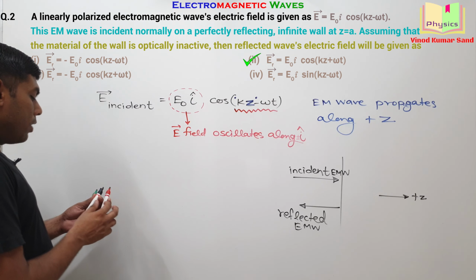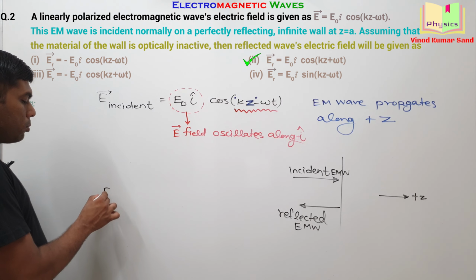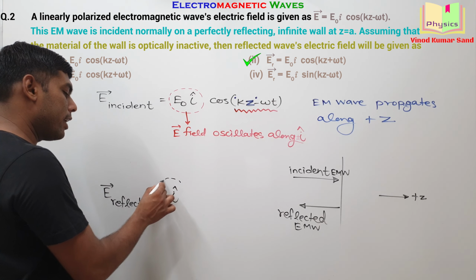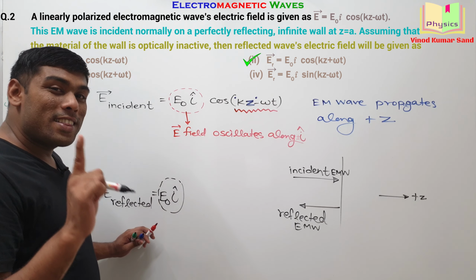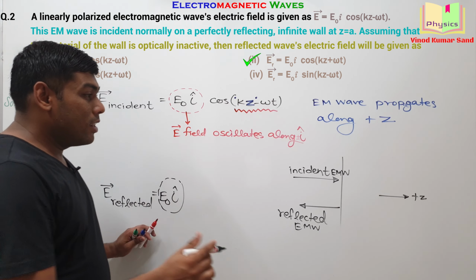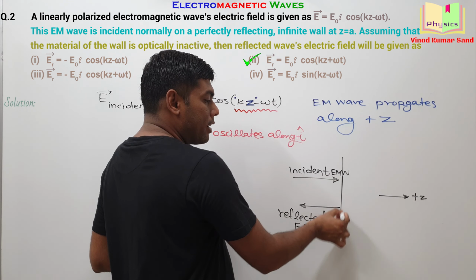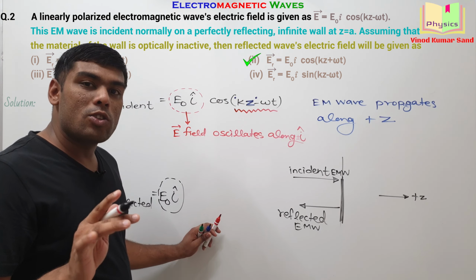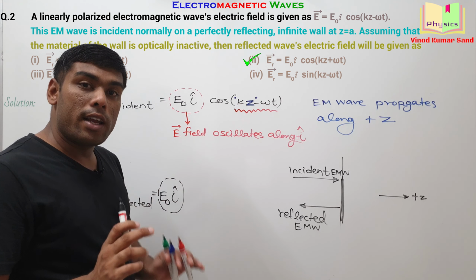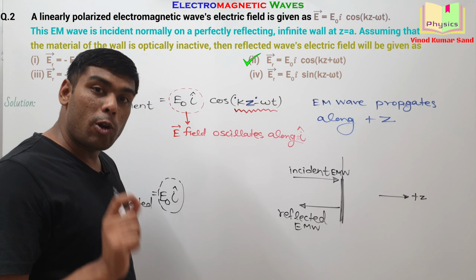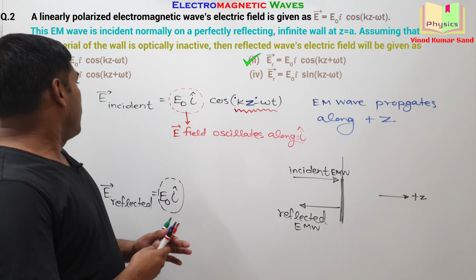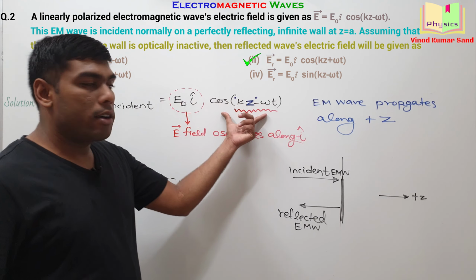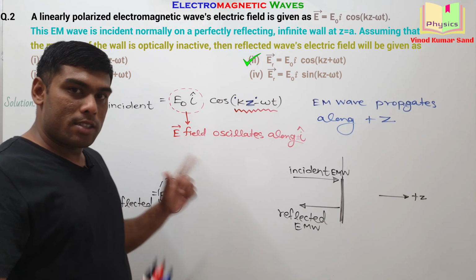For reflected wave, if I choose the correct option, why E naught i cap? There is a word in the question, if you pay attention, this is optically inactive material. Optically inactive material means it will not rotate the plane of the polarization of the EM wave. Actually, this electromagnetic wave is linearly polarized. Why?